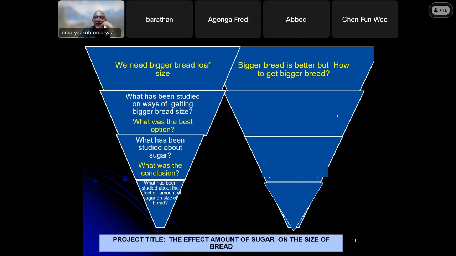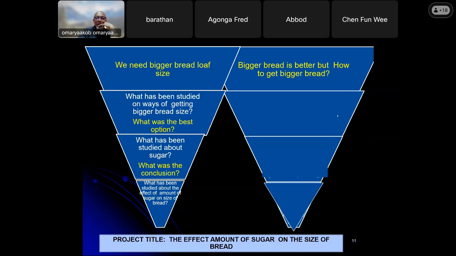So that's the question: how to get bigger bread size, the volume. What John did, this is hypothetical, fictional, okay, is that he looked at the literature, assuming there's literature on ways of getting bigger bread size.